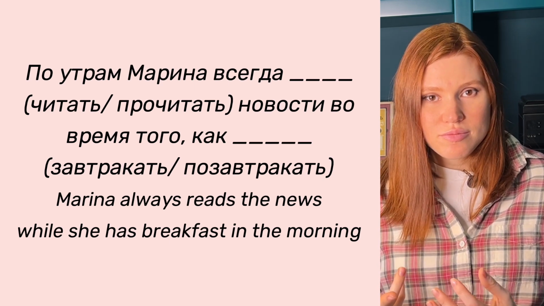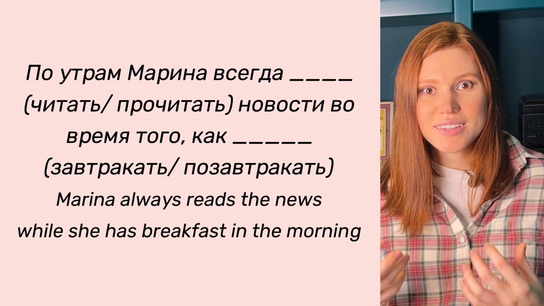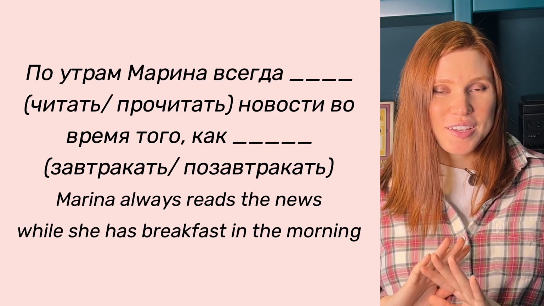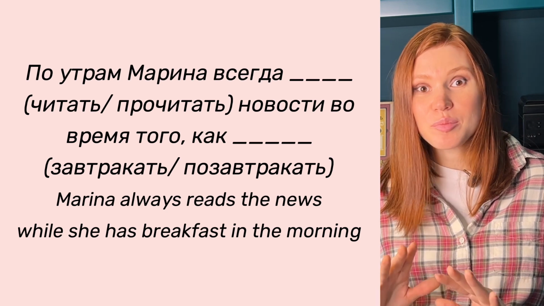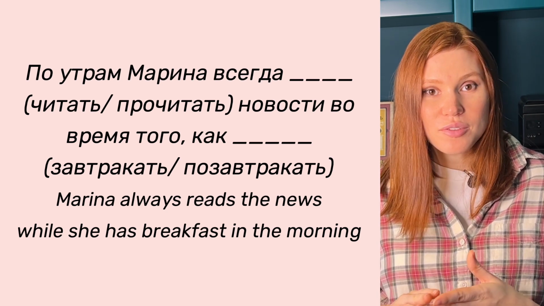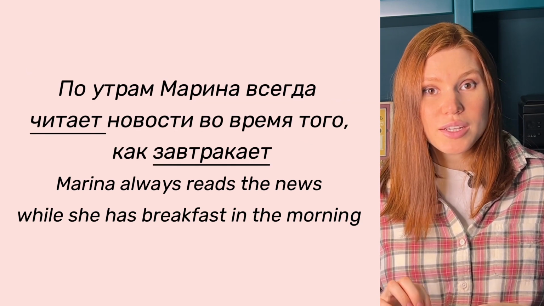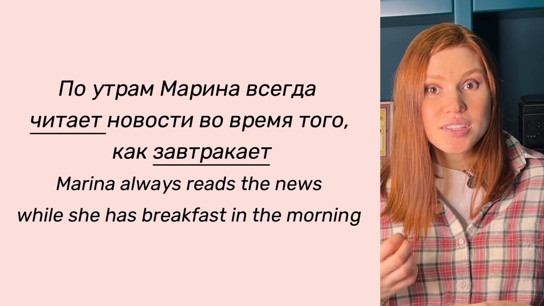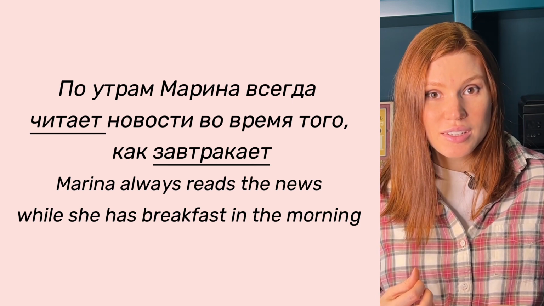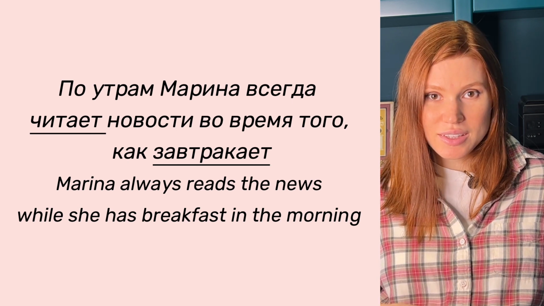So it means that it's about present tense. So it's impossible to use perfective. And here all verbs we use in the form of imperfective. По утрам Марина всегда читает новости во время того, как завтракает.